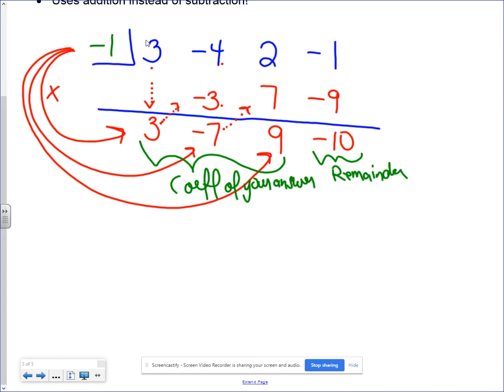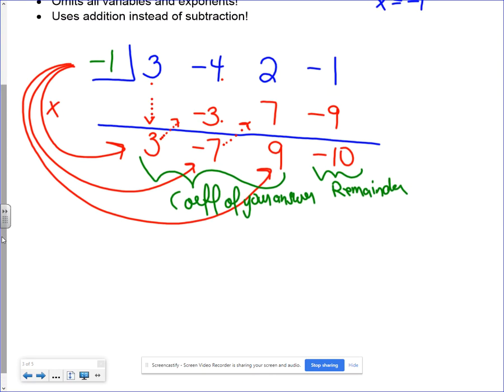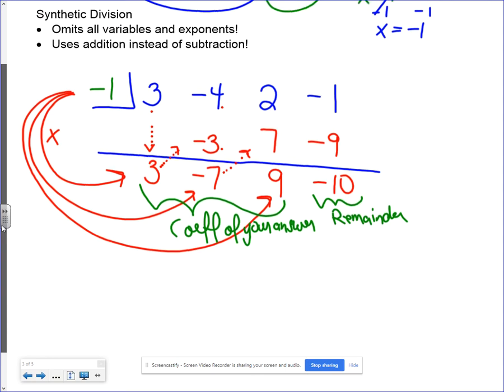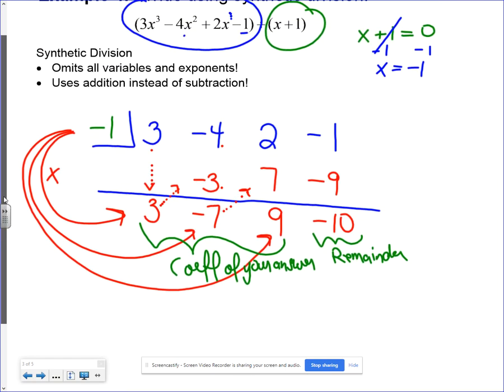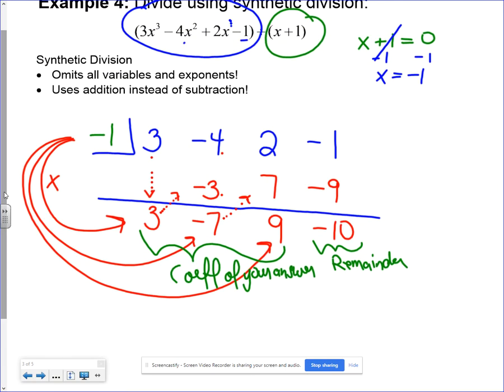The degree of your answer is always 1 less than what you started with. What I started with was a cubic, which has degree 3. So my answer is going to be degree 2. So this 3, I'm just going to bring this 3 down, and then I'm going to add my variable to it. So it's 3x squared.